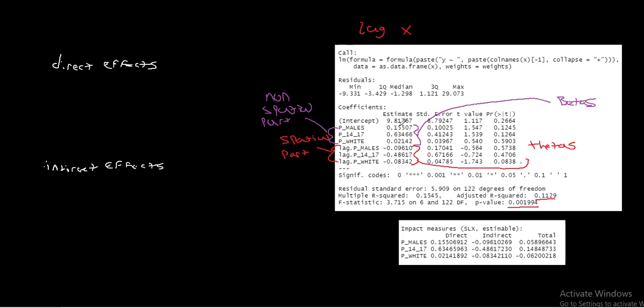But for the lag X model, the non-spatial part, the betas, these are the direct effects. But I'm not going to draw that conclusion because I want to make sure that you understand that in the lagged Y case, it's not quite so one-to-one. Looking at the direct effects down here for the lag X model, they come from the non-spatial part for the direct and the spatial part for the indirect. Direct, indirect, and then total is the sum. If you add -0.09 to 0.15, you get 0.05.